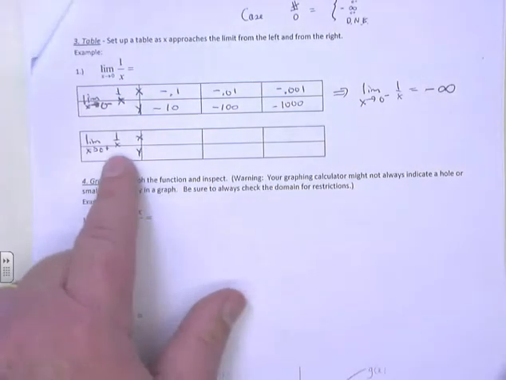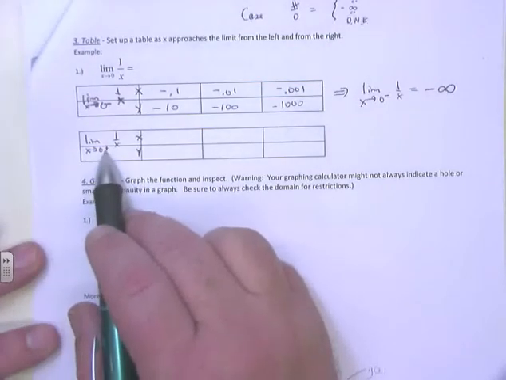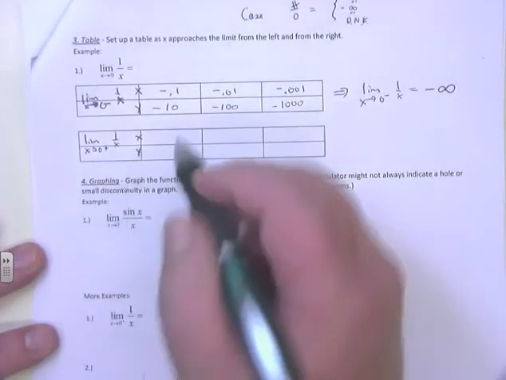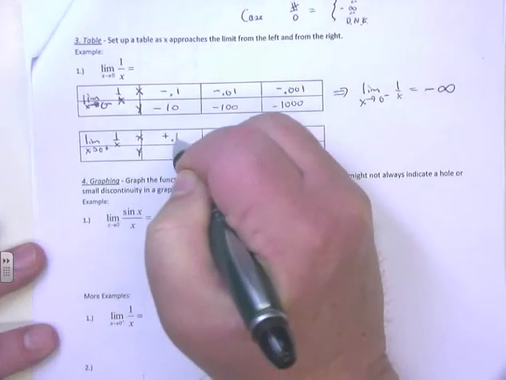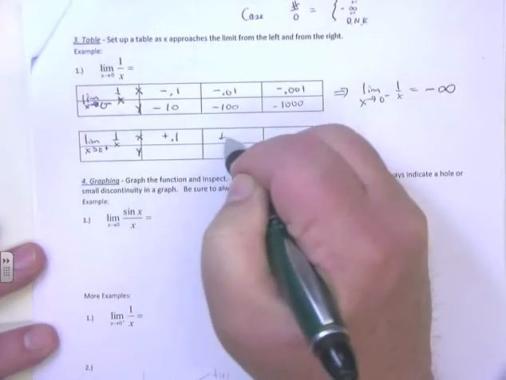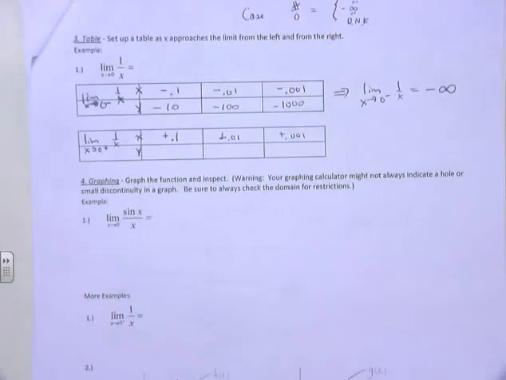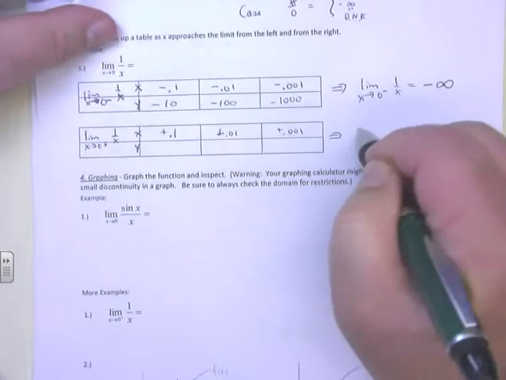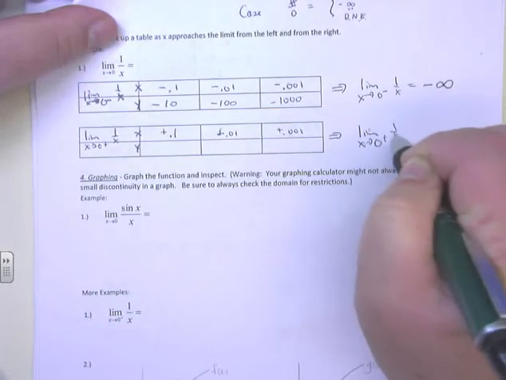Now do the other side. Now I'll take the limit as x approaches 0 from the plus side. So I'm going to 0 on the plus side. On the plus side, I'm going to plug in positive 0.1, positive 0.01, and positive 0.001. That is approaching 0 on the plus side. So I can figure out what is the limit as x approaches 0 on the plus side of 1 over x.